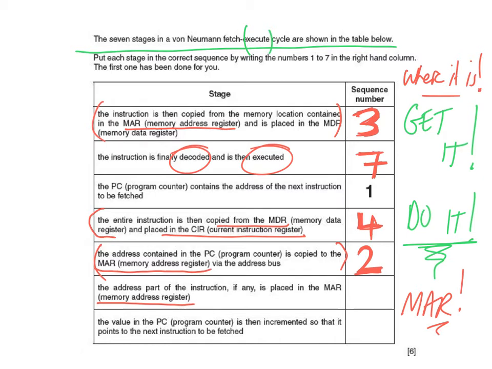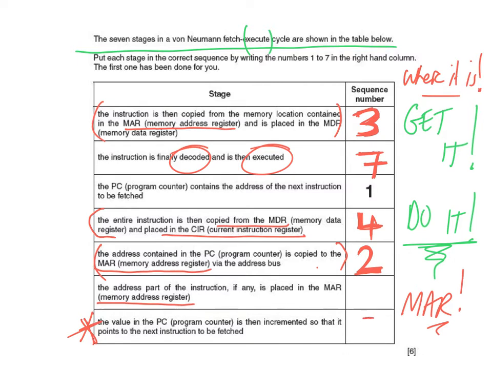And the next part, number 5 and 6, could be either way around here. The value in the program counter is incremented, so it points to the next instruction to be fetched. That one, as long as you have carried out step 2, we could have done that pretty much at any time, and then the rest need to be in the same order.